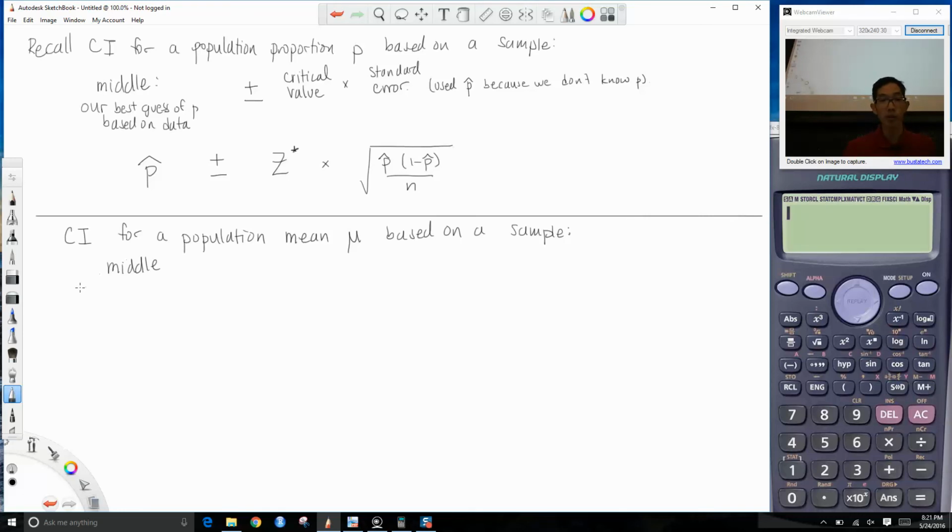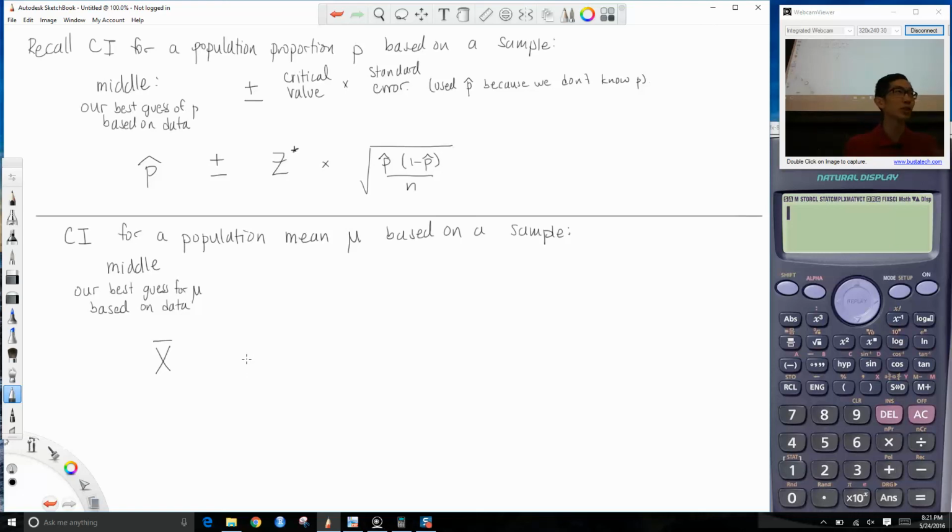We will put our best guess for mu based on our data. What is our best guess for the population mean? It's our sample mean, x bar. That's going to go right in the middle. Does that make sense?